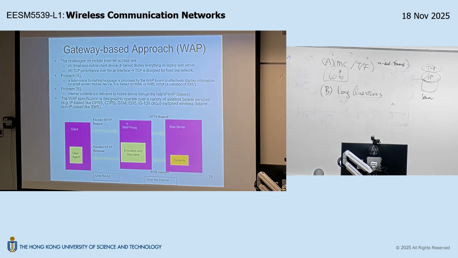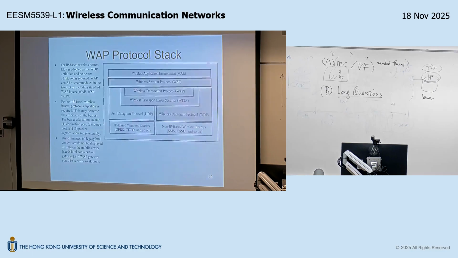So that was the solution. This is a proprietary protocol, and this is the transport layer. UDP is the same as the standard UDP, but the TCP is replaced by WDP. This WDP is proprietary to the WAP protocol, and it will not have the falsely triggered congestion control mechanism anymore.